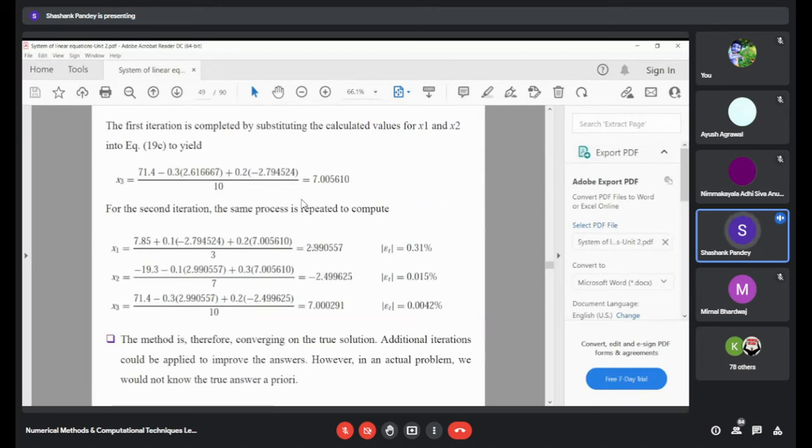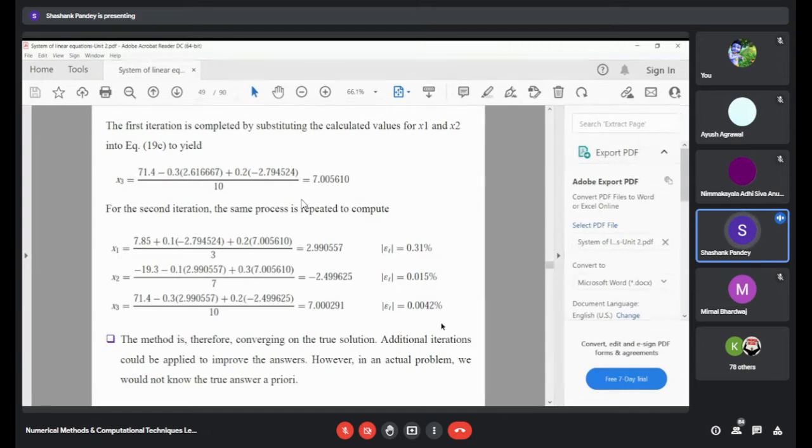We will see that this solution is very close to our exact solution, and the error in comparison to the true value is just 0.31%, 0.05%, and 0.42%.